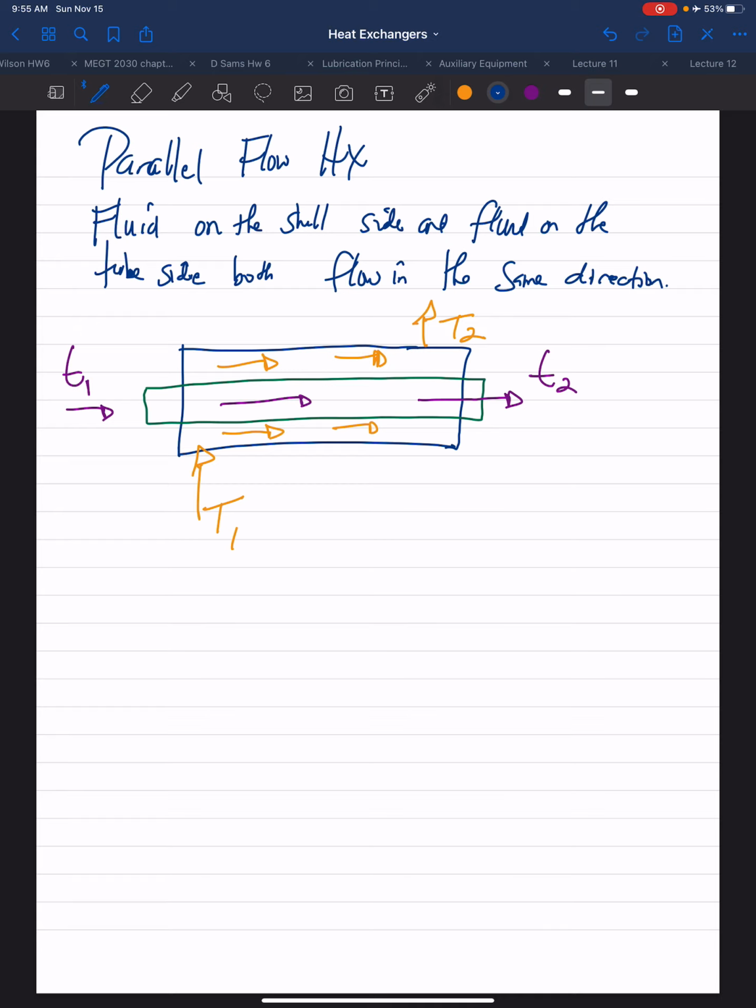So then the temperature profile of a parallel flow heat exchanger looks like this. Let's go to another page.